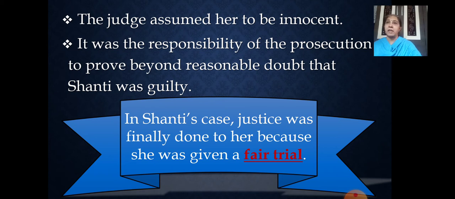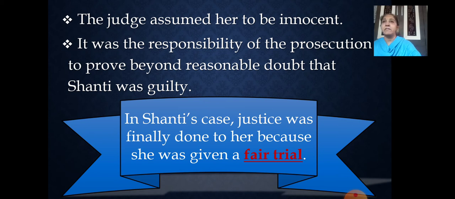But in this case, we have seen the prosecution failed to do so, right? That is the reason the judge decided the matter the way he did. The judge held a fair trial and decided that Shanti was not guilty, and Shanti was released from jail, right?